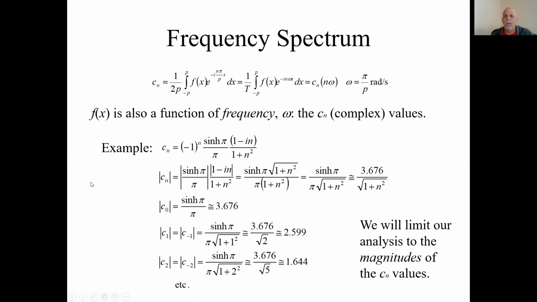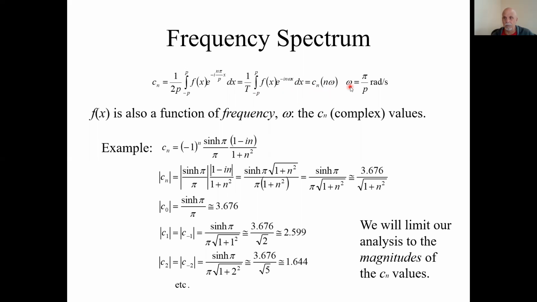Which brings us to the idea of the frequency spectrum. Each coefficient had this way to be computed. In terms of the fundamental frequency, it would look like this, which means each coefficient is a function of an integer multiple of the fundamental frequency.